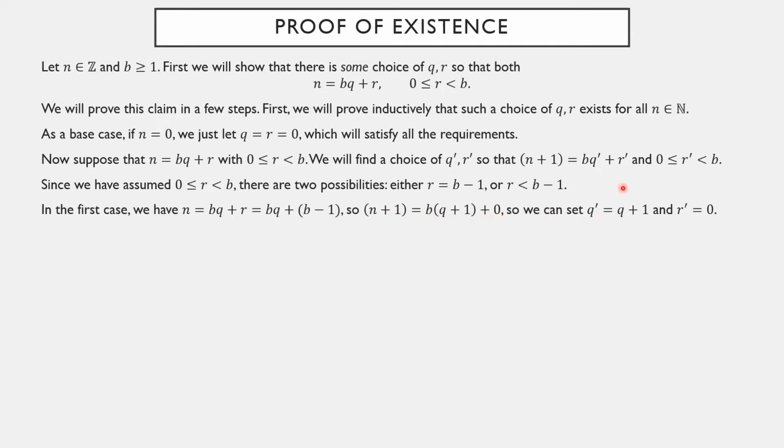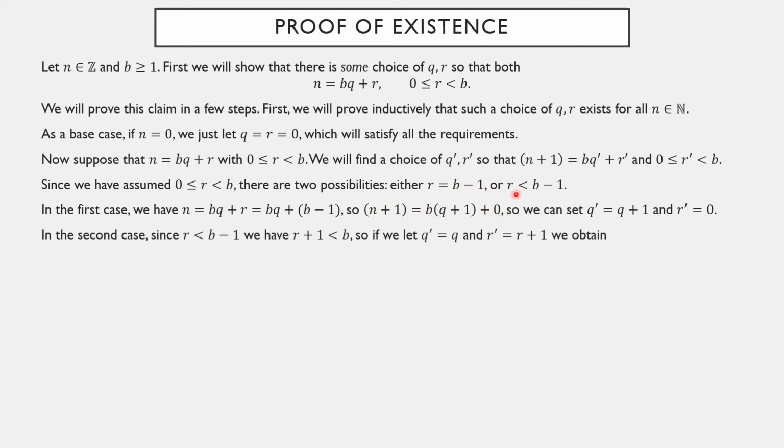So set q prime equal to q plus 1 and r prime equal to 0. 0 is a perfectly acceptable choice of remainder. It's definitely in between 0 and b. In short, if n has the largest possible remainder, then n plus 1 has the smallest possible remainder. If n had remainder b minus 1, then n plus 1 has remainder 0.